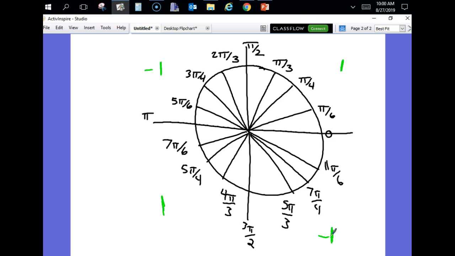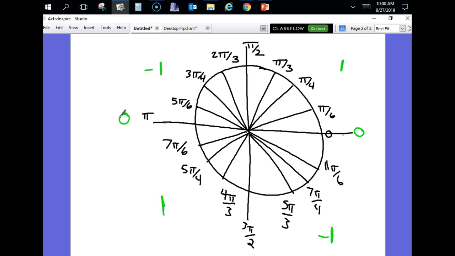Okay. Something else is here. At these two spots, what's the y value? 0. So if you have 0 over anything, what's it going to be? So here the tangent values are 0. Right?